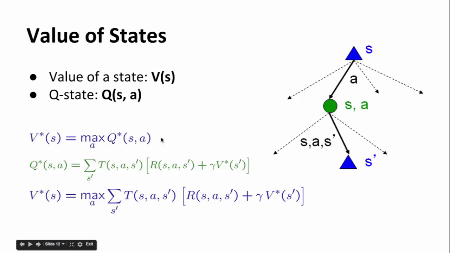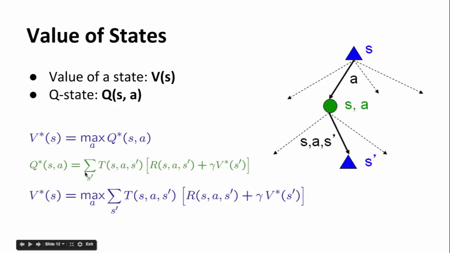Okay, so basically from the states you get to choose an action. So we're just going to choose the best action that leads us to the Q state with the highest value. Now from the Q state, we don't get to choose the next state that we land into. It's going to be stochastic, that depends on this transition. And you'll notice that it basically behaves like an expectimax node, right?